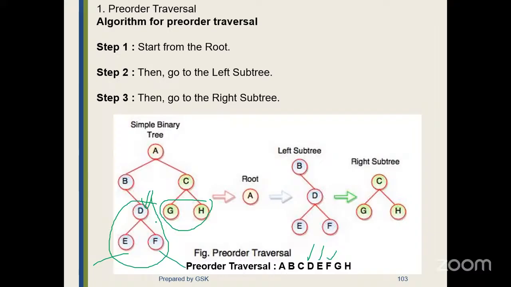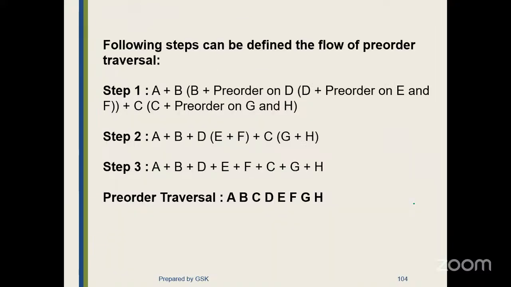And coming to this G, H, there are no children, so directly you can visit G, H. The following steps define the flow of the pre-order traversal: A plus B, B plus pre-order on the D. So finally, we are getting the traversal order A, B, C, D, E, F, G, H.